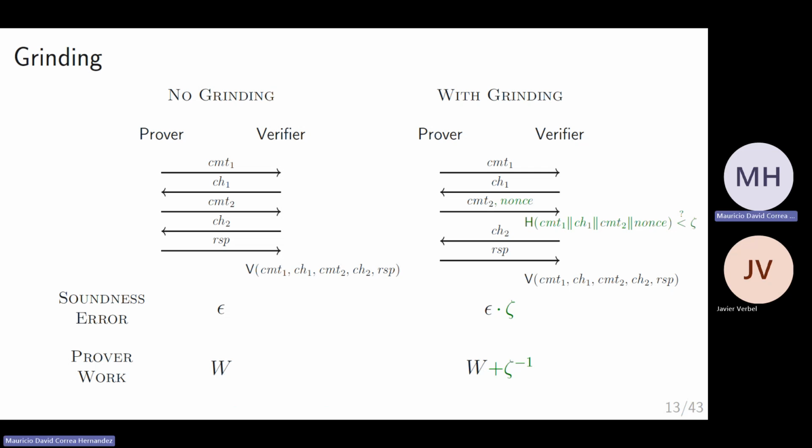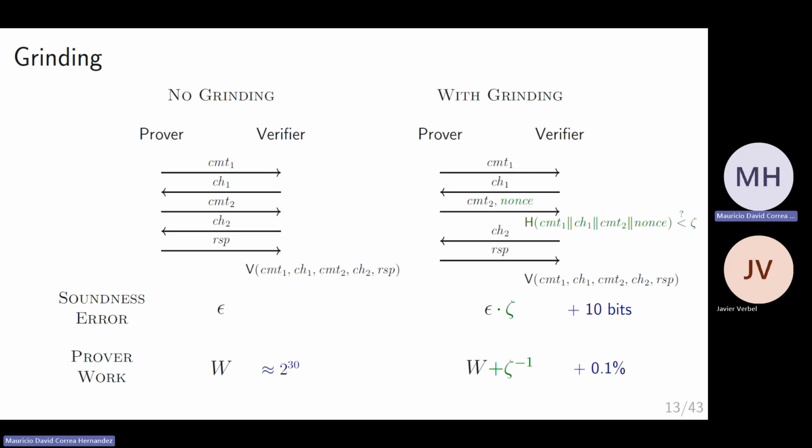Why is this a good trade-off? Well, it's obvious once you start putting numbers in. Let's select zeta to be 2 to the minus 10. So in expectation, the prover needs to do 1000 hashes before he finds a suitable nonce. The workload for a reasonably large proof is orders of magnitude larger than that. It's not uncommon for the workload to be 2 to the 30 finite field operations or hashes.